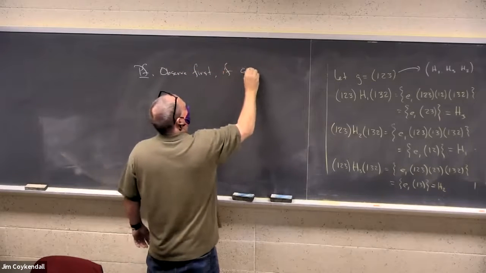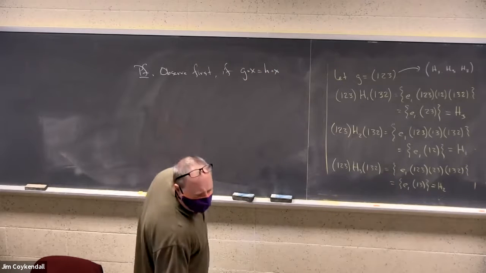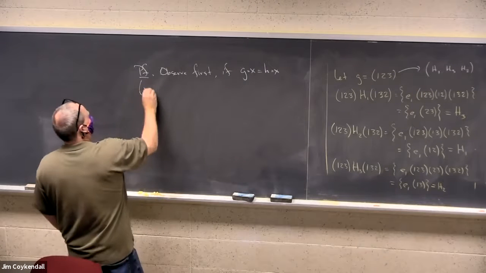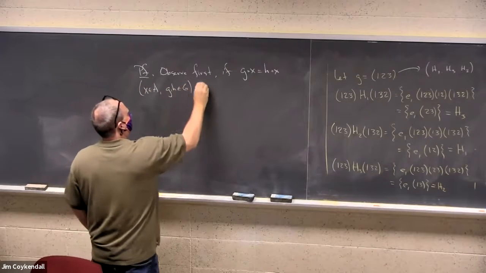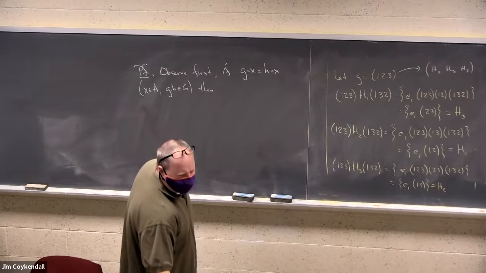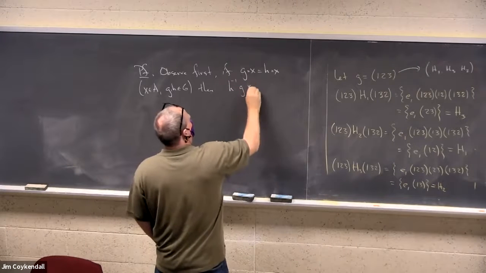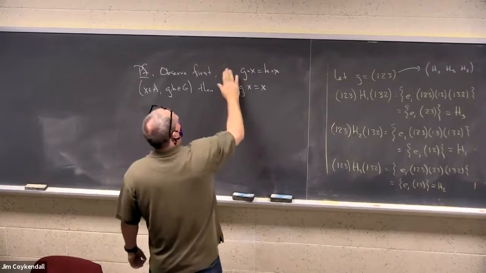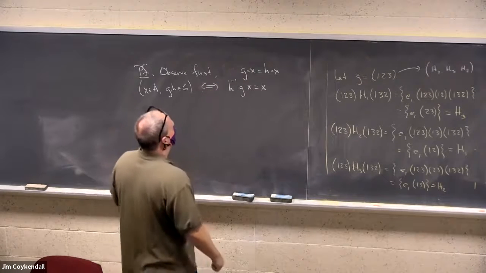If g acting on x equals h acting on x, where x is in A and g and h are in the group, then h inverse g... well, in fact, when you write this, it's if and only if, because it's actually equivalent.